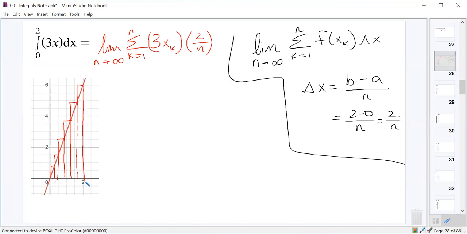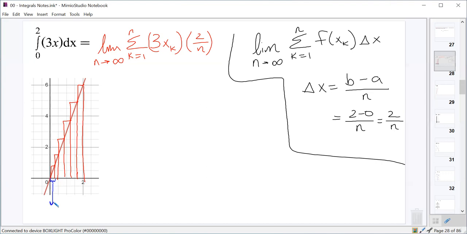And it doesn't really matter how many of them I draw. But if I look at the first one of them, let's say this first little tiny interval down here, we have to ask ourselves, what is x sub k?